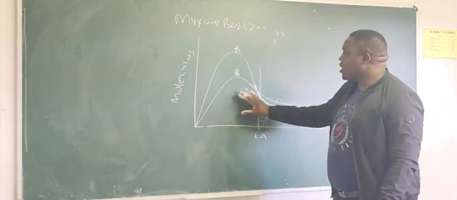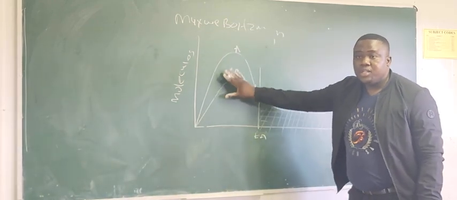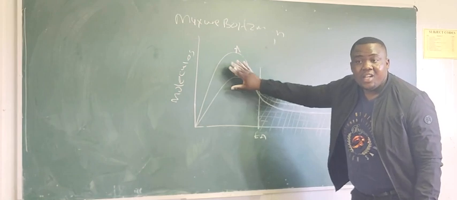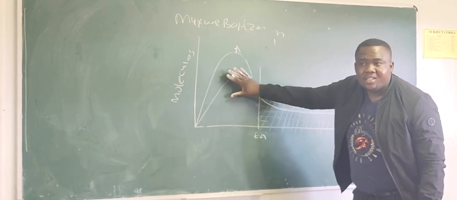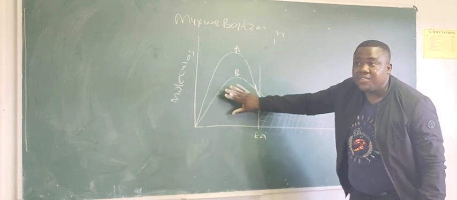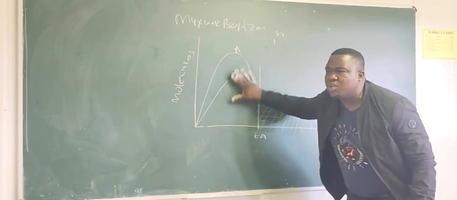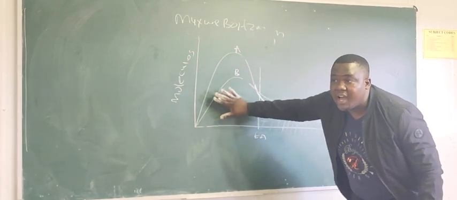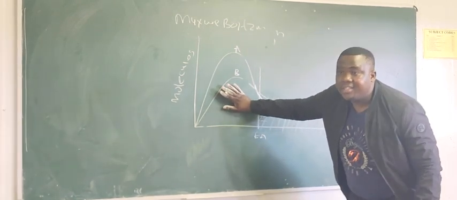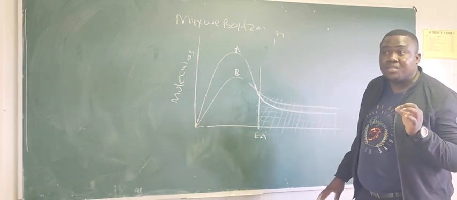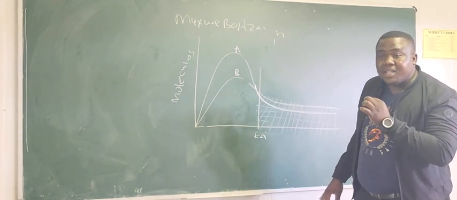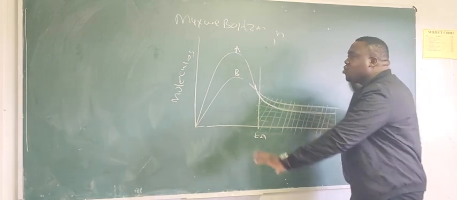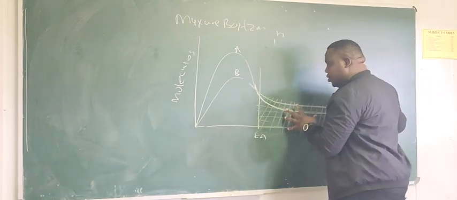What I'm bringing home is that these molecules have less kinetic energy. The kinetic energy is less than activation energy, meaning that these molecules, although they are many, cannot collide effectively. You see? That's why for Maxwell-Boltzmann, when we look at the graph and make judgment, we don't look at this side. We look at this side.